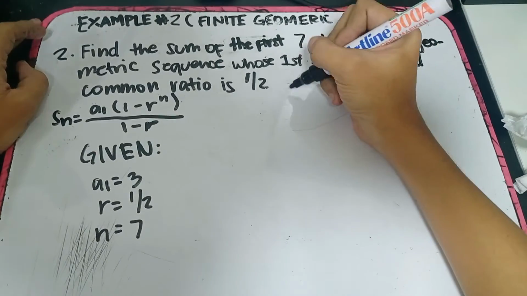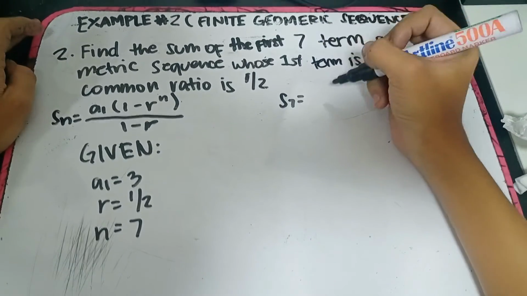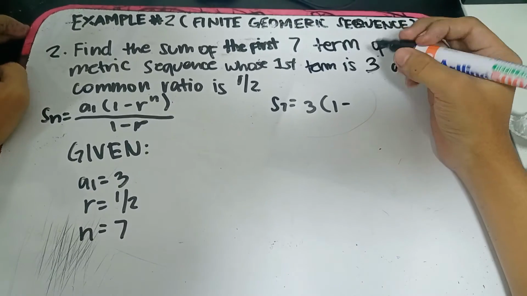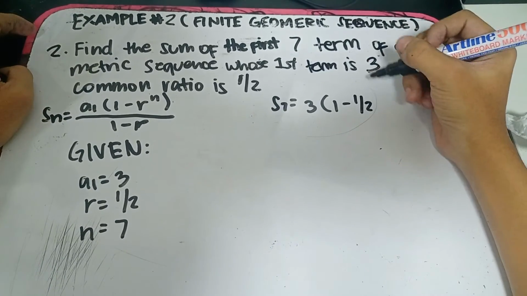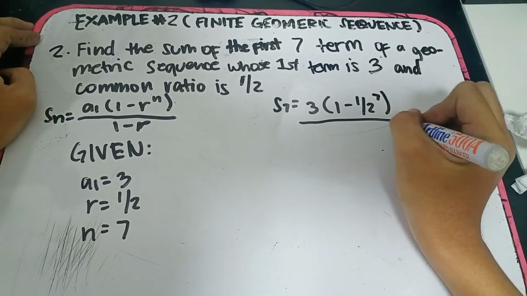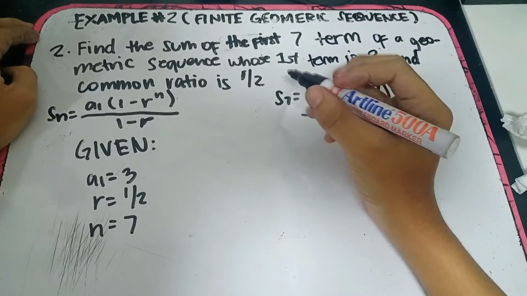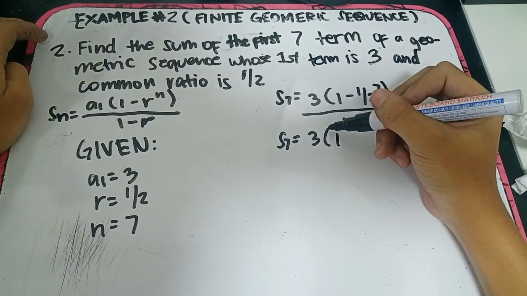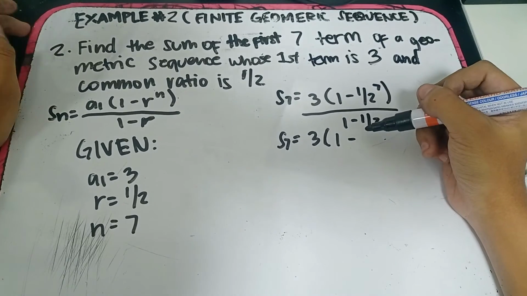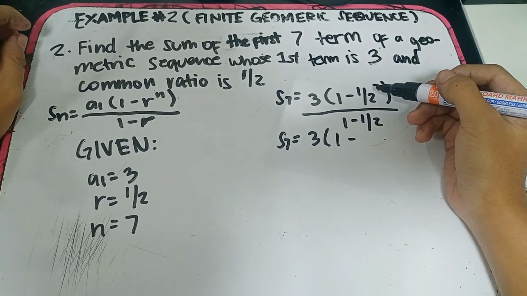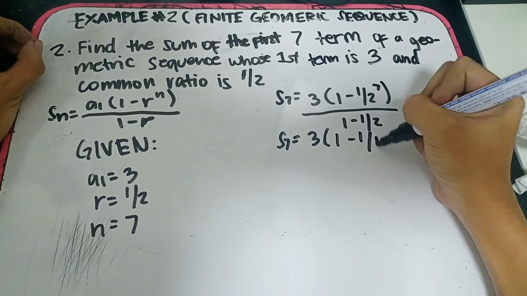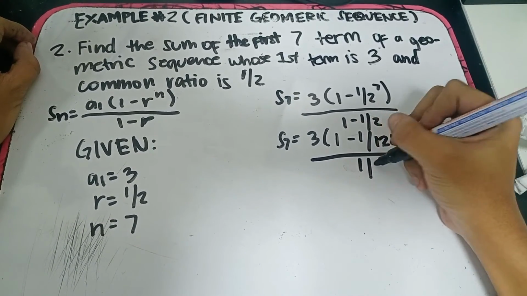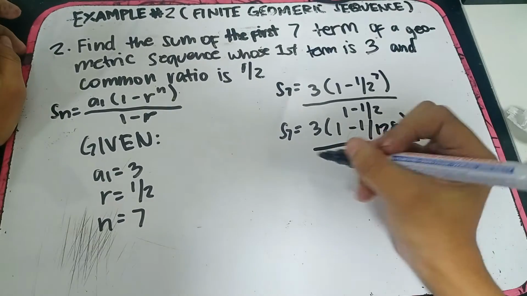So let's proceed. S sub 7 equals our first term 3 open parenthesis 1 minus our common ratio 1/2 raised to the power of 7 over 1 minus 1/2. S sub 7 equals 3 open parenthesis 1 minus 1/128 equals 127 over 128, over 1/2, because 1 minus 1/2 is 1/2.